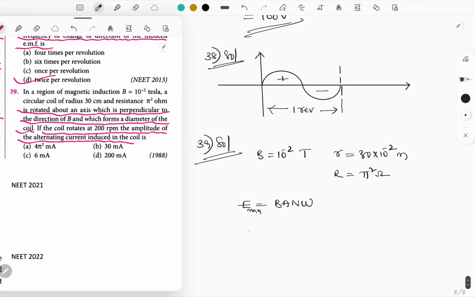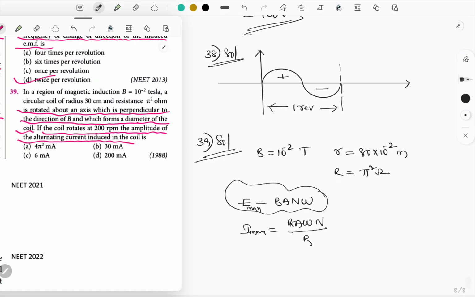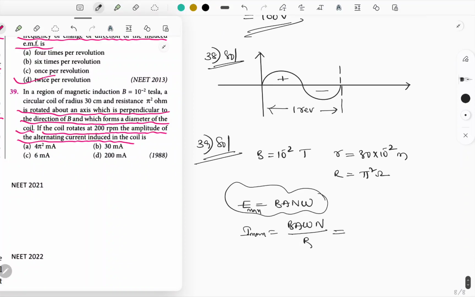They are asking current, right? So maximum value of current is just replace it with B A omega into N, N is number of turns, divided by resistance R. This is the formula for magnitude of maximum induced current. So they've given everything. You just have to substitute only. B is 10 power minus 2.